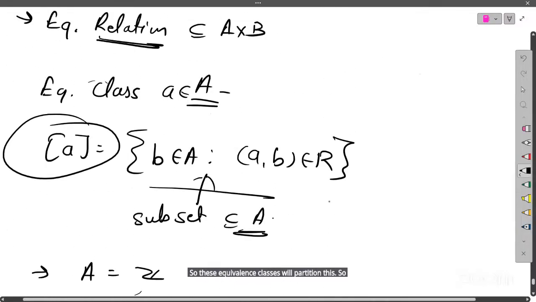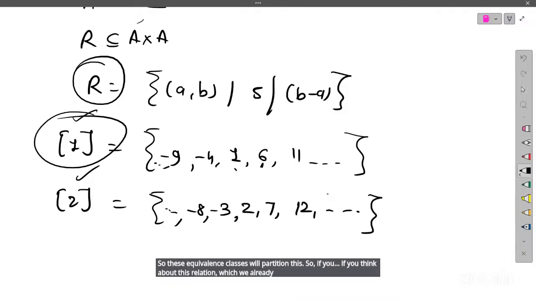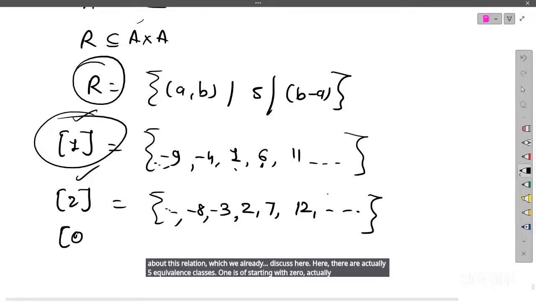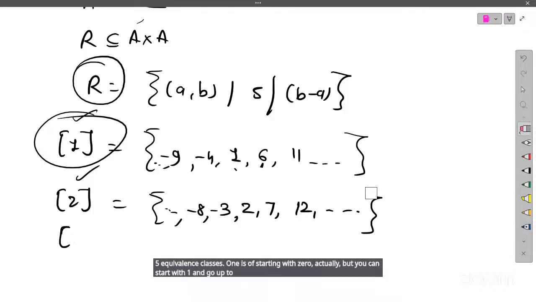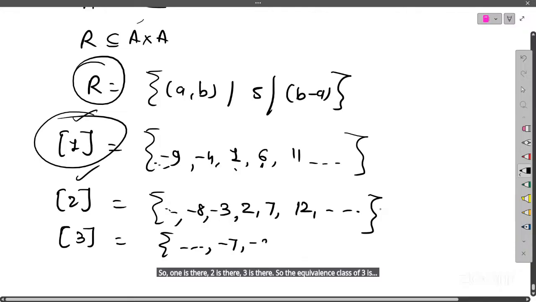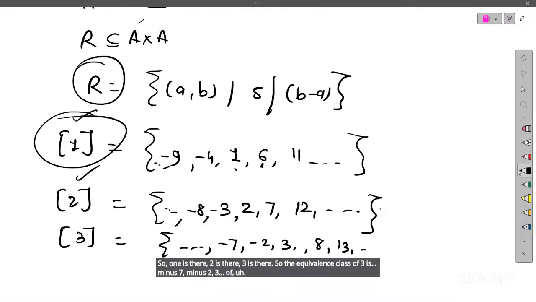If you think about this relation, which we already discussed here, there are actually 5 equivalence classes. One starts with 0, but you can start with 1 and go up to 5 too. So 1 is there, 2 is there, 3 is there. The equivalence class of 3 is minus 7, minus 2, 3, 8, 13, and so on.